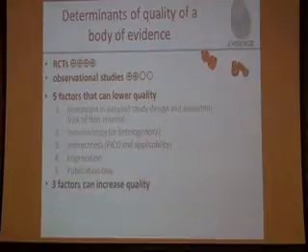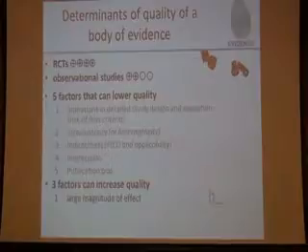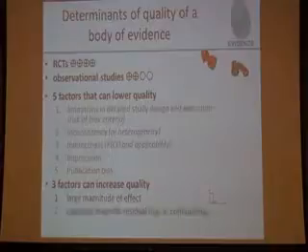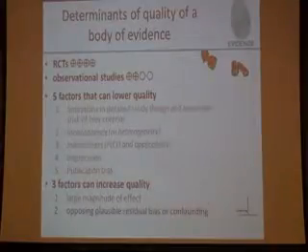And then we have factors that can increase quality. If the effect is very large, have you seen yesterday with the beta blocker, 92% reduction in mortality? Come on, you start using beta blockers. It was wrong, but back then it seemed good.